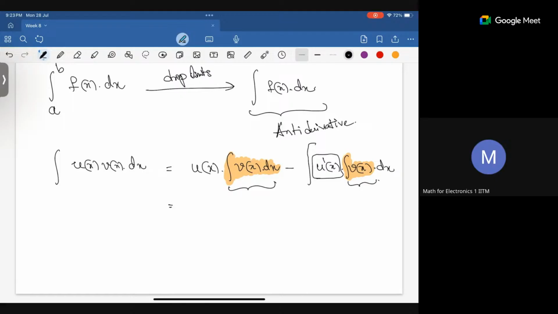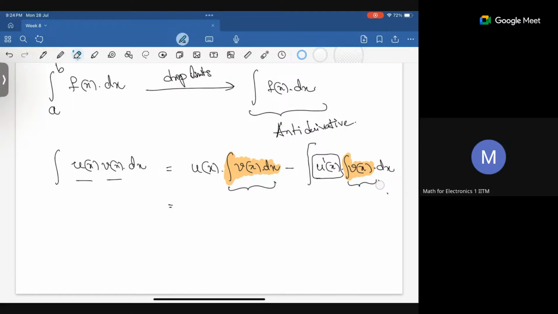To simplify the computation, not to complicate it. So we have to be really careful how we choose u of x and v of x. Firstly, we should know the integral of v of x. And secondly, when I take the derivative of the u of x term that we choose, the result should not be complicated. It should not grow or look bigger or more complex than u of x. If it does, it becomes complicated again, and there is no point of using this by parts.